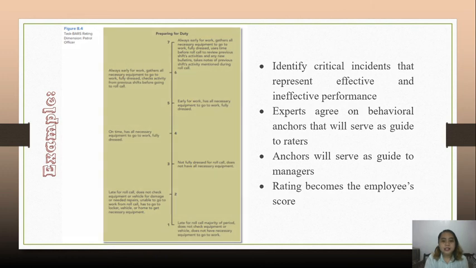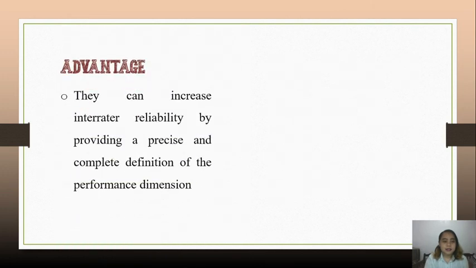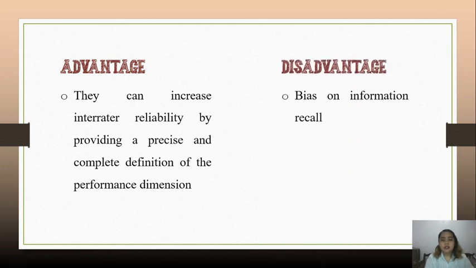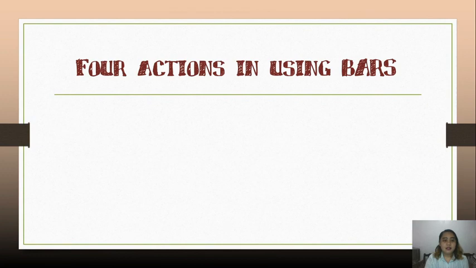So next is the advantage of BARS. They can increase inter-rater reliability by providing a precise and complete definition of the performance dimension. And the disadvantage of BARS is they can bias the information recall. So next are the 4 actions in using BARS.